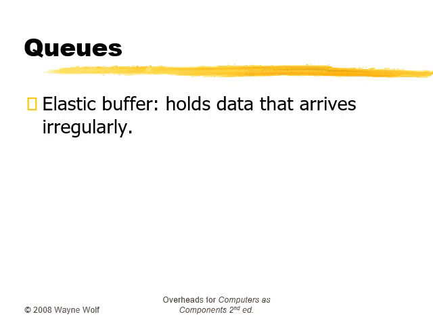So another way to design a queue is to use an array of fixed size to hold all the data. The first step in designing a queue is to declare the array that we will use for the buffer. So let's go to the example and see how elastic queues work.